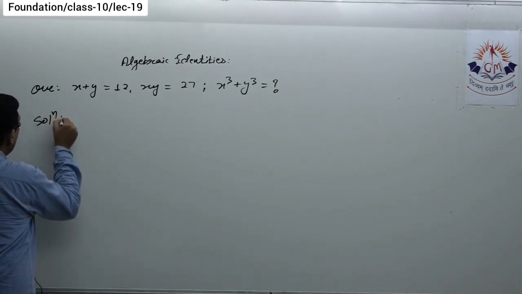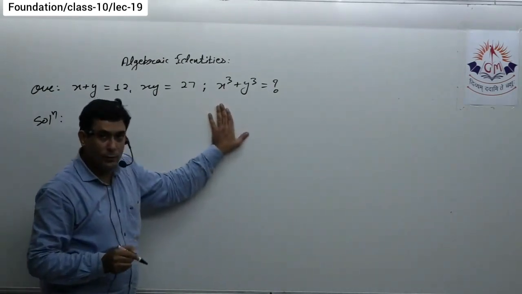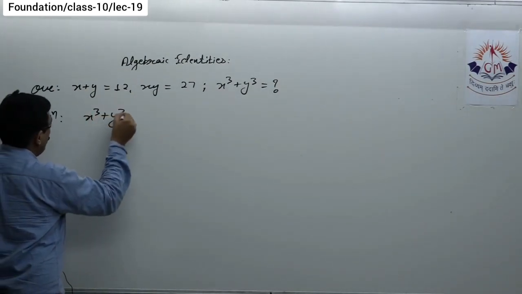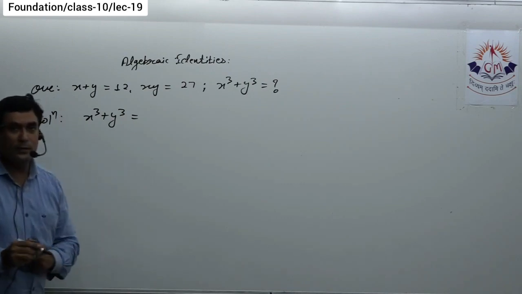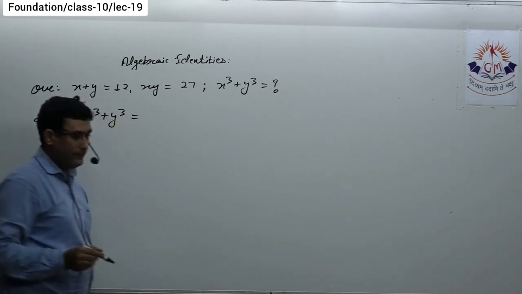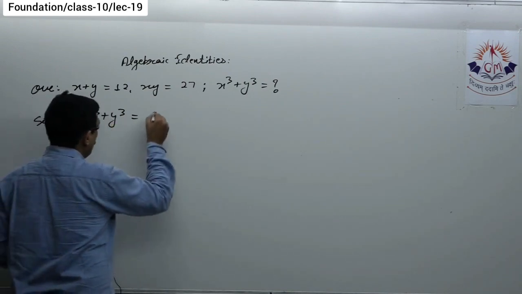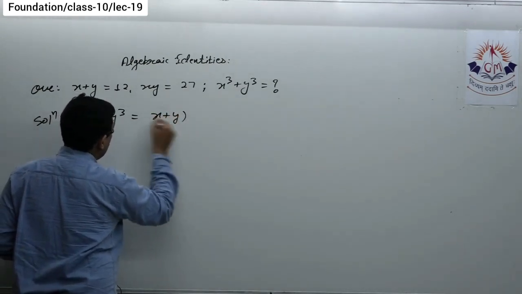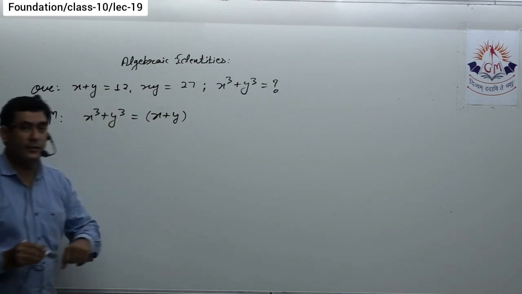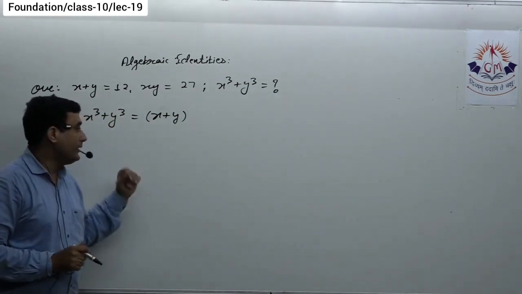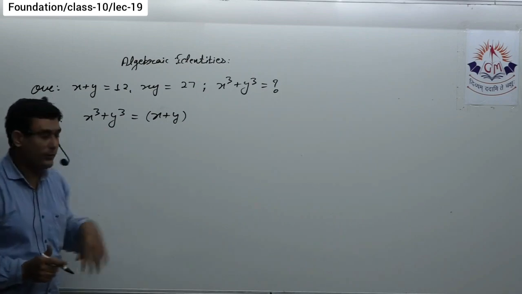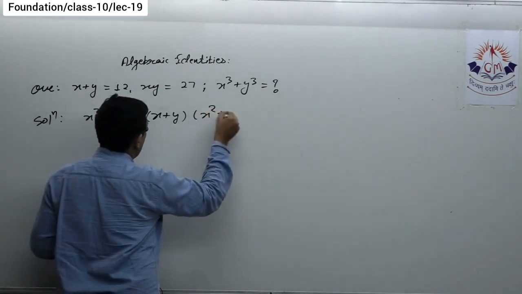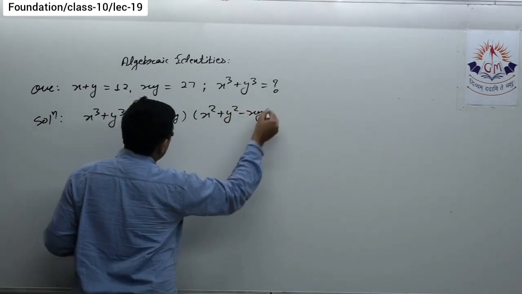Here we have to find the value of x cube plus y cube. So first of all, I write the identity of x cube plus y cube, that is a cube plus b cube. We have two identities. We write both identities and then decide which identity will make it easy to find the value. The identity is a cube plus b cube equals a plus b into a square plus b square minus ab.